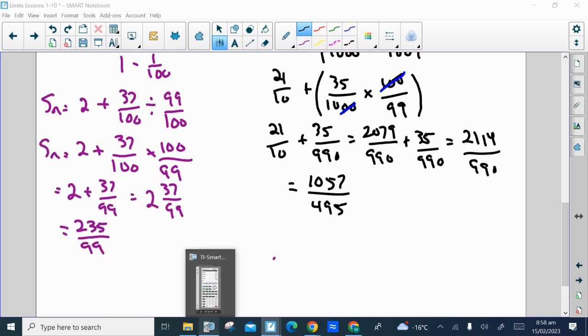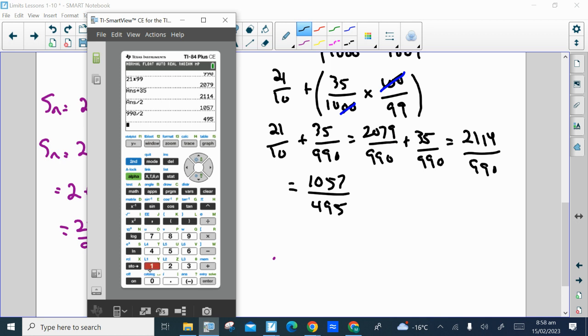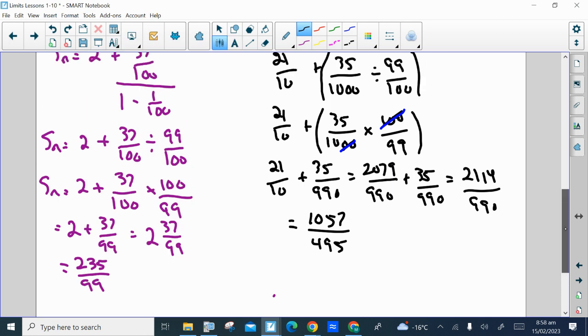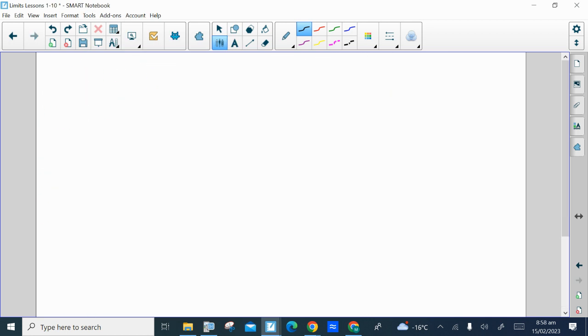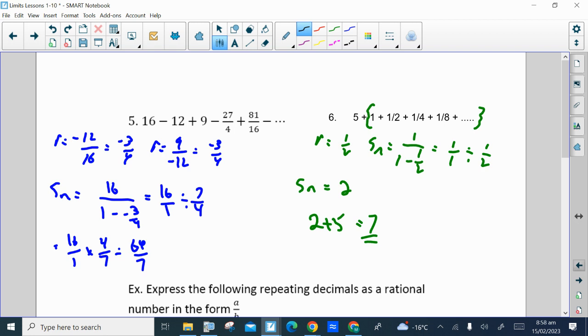So if we take this rational number that we just found, 1,057 divided by 495, you get the right repeating decimal. So you can check it. Okay? Okay, so that's it for this lesson.